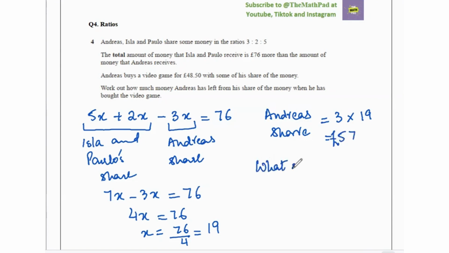What he's left with is going to be 57 minus 48.5, which leaves us with 8.50 pounds. That's your answer.